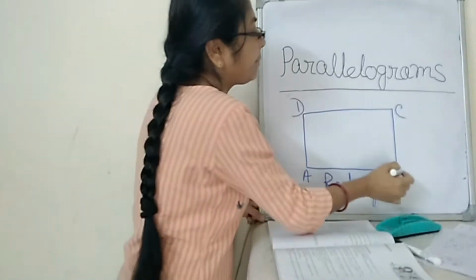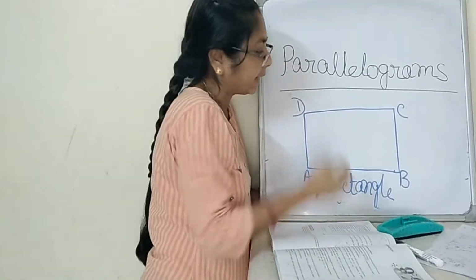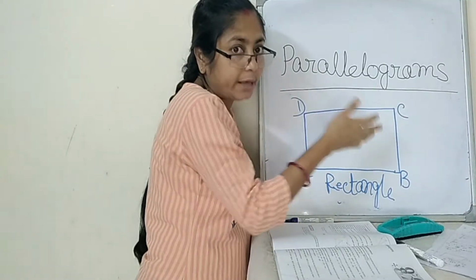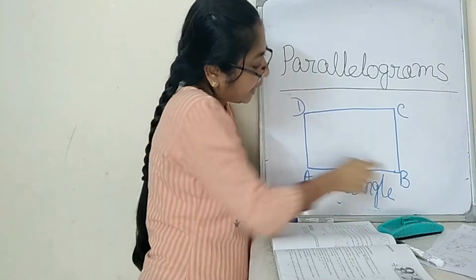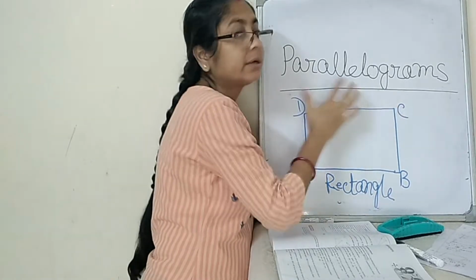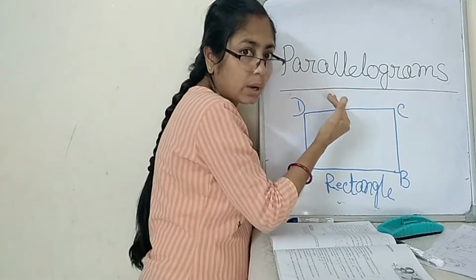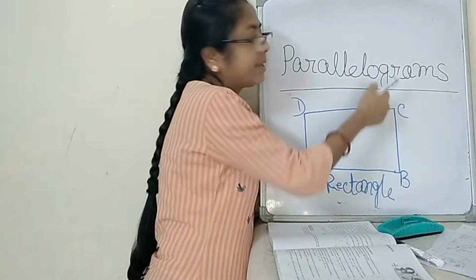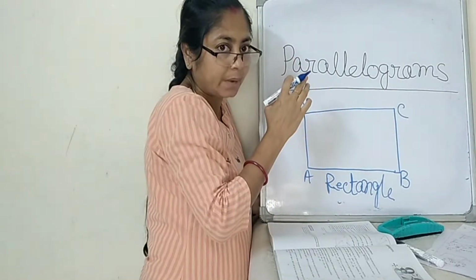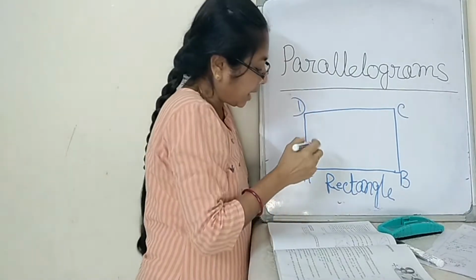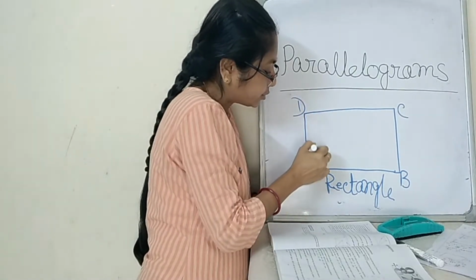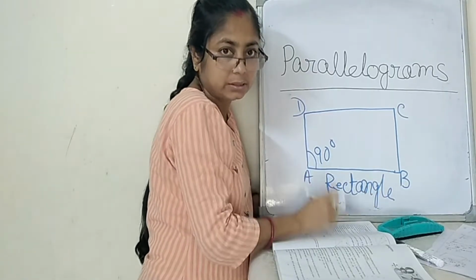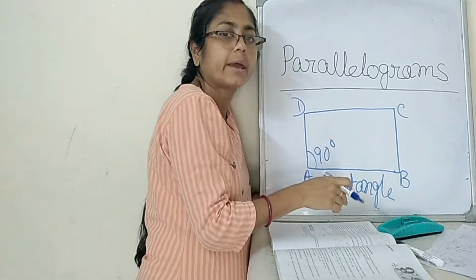Look, ABCD is a rectangle. In this figure, you can see two sides are small and two sides are big. AB and DC are a little bit big. They are equal and parallel. On the other side, AD and BC are a little small, but they are equal and parallel. And this angle is also 90 degrees. It is a rectangle. Clear? Okay?